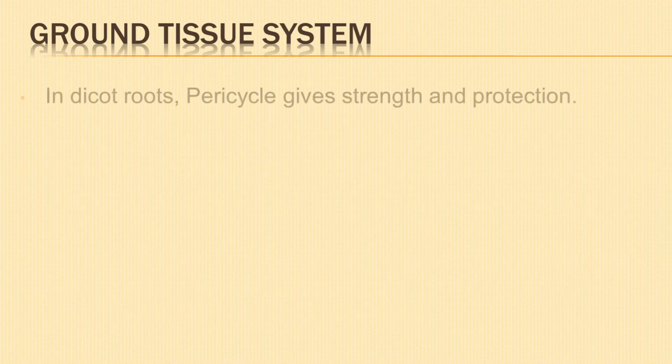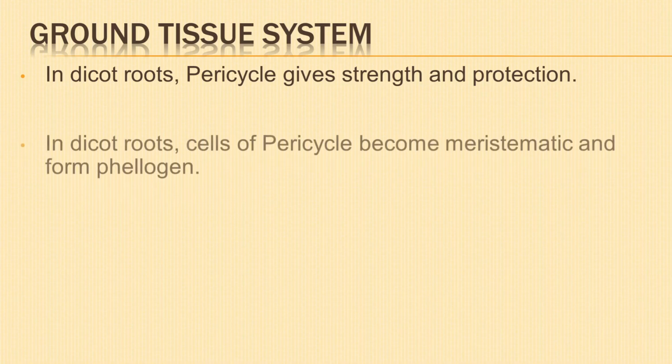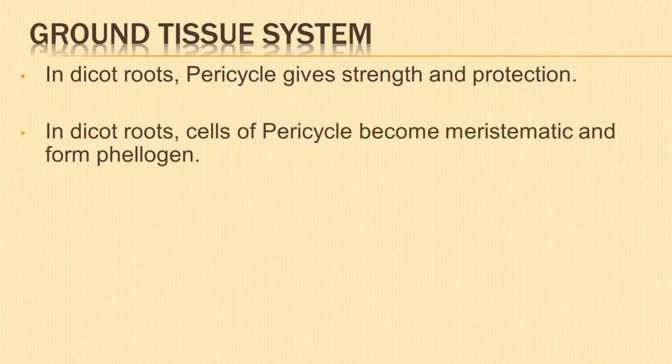In dicot roots, the pericycle gives strength to the roots and provides protection to the vascular bundle or the stele. The cells of the pericycle in dicot roots become meristematic, divide, and give rise to the cork cambium or phellogen.